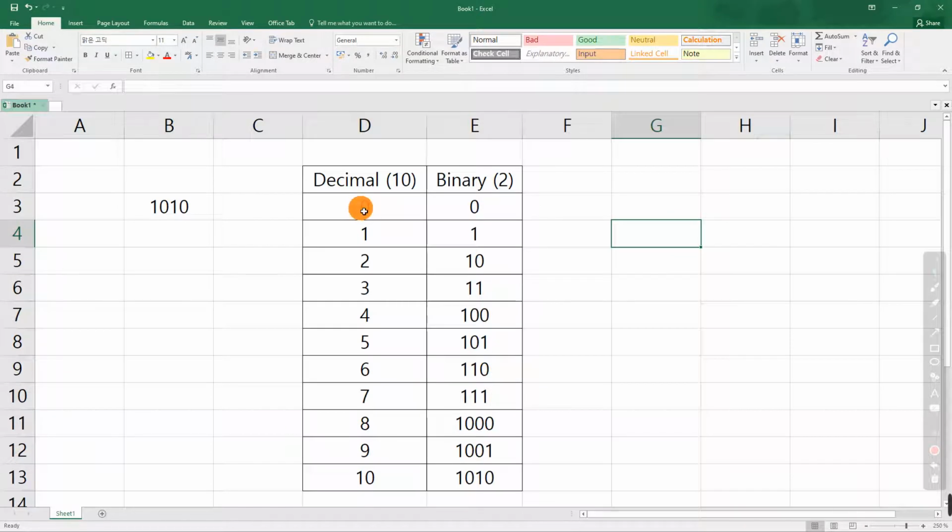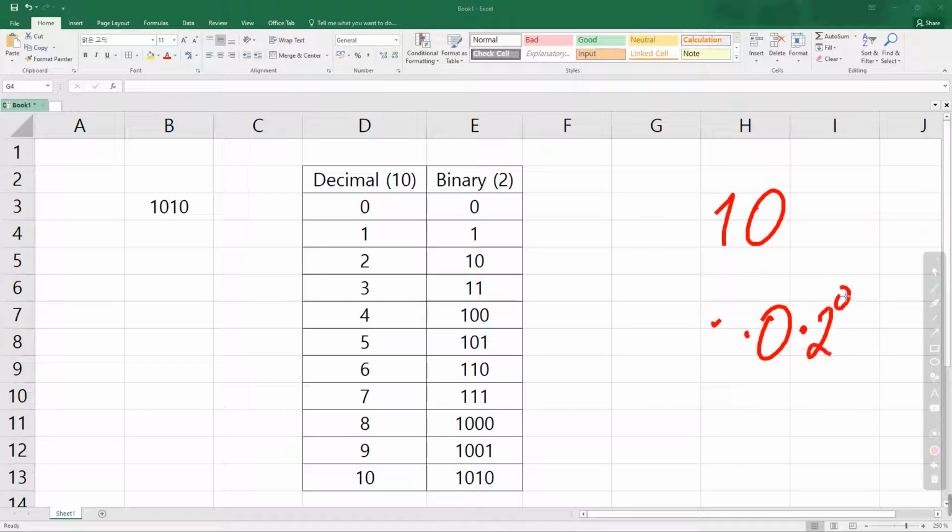So 0 is 0 in binary system, 1 is also 1, 2 is equal to 10. Why? Because 1, 0, right? What does it mean? So 0 times 2 to the power of 0, right? And here we use plus, right? 1 times what? 2 to the power of 1, right?